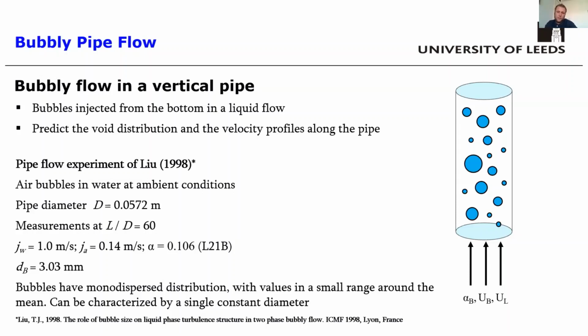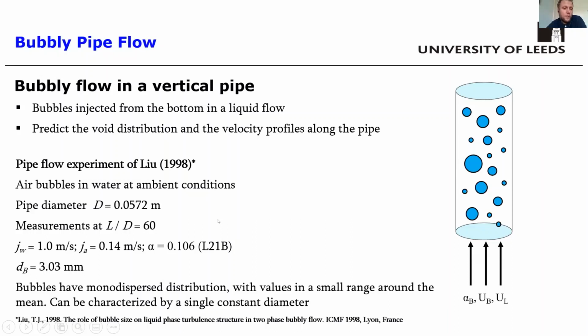I've used as a reference the pipe flow used in the experiment of Liu, so that we can also do a little bit of comparison against some experimental data. It was an experiment done with air bubbles in water in ambient conditions. The pipe diameter is a bit more than 5 centimeters, and measurements were taken at 60 pipe diameters from the inlet section.